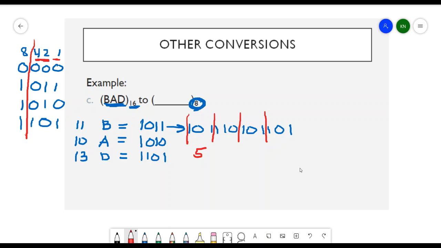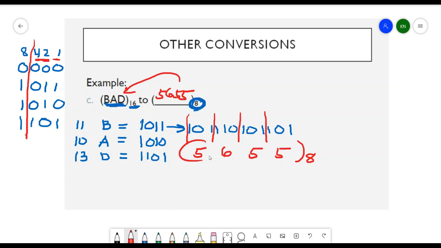So meaning to say that is 6. 101, that is still 5. 101 is still 5. So meaning to say the final result is 5655. So this is now the equivalent octal of the hexadecimal BAD.